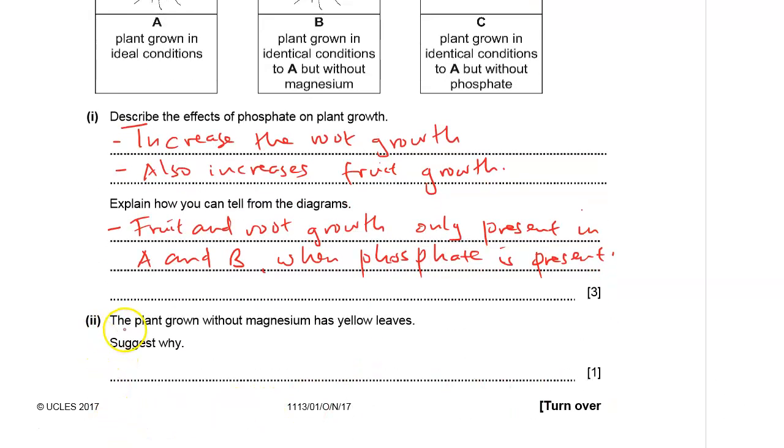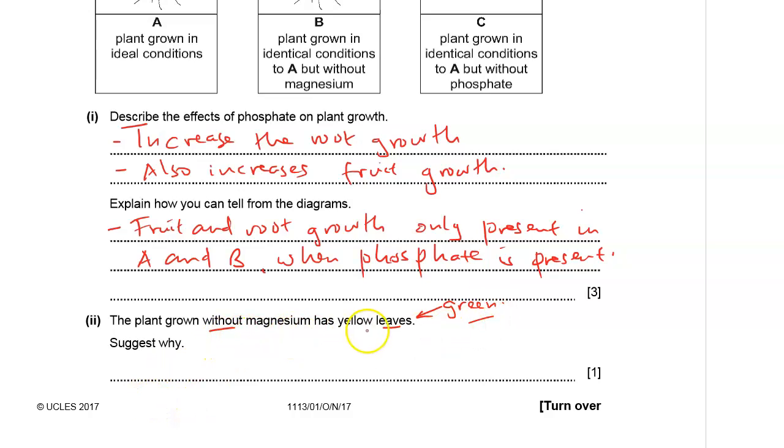Lastly, part 2, the plant growth without magnesium has yellow leaves. Suggest why. Magnesium is needed to make chlorophyll. That's it. When magnesium is missing, the leaves become yellow. Of course, we know that the leaves of a tree should be green in an ideal condition.